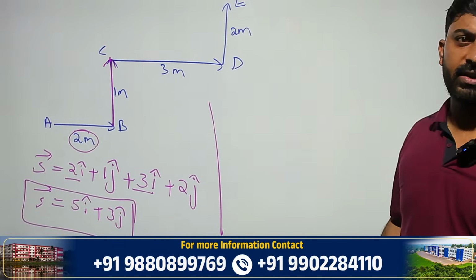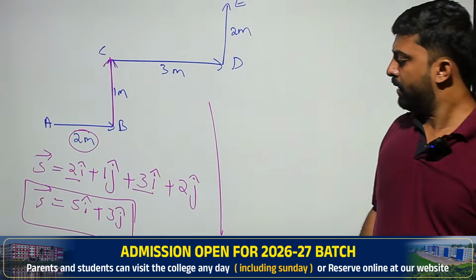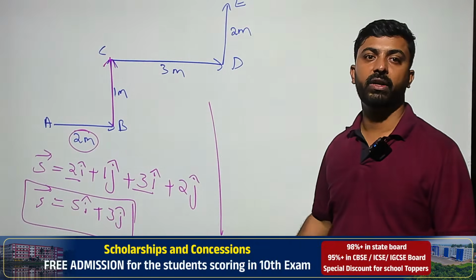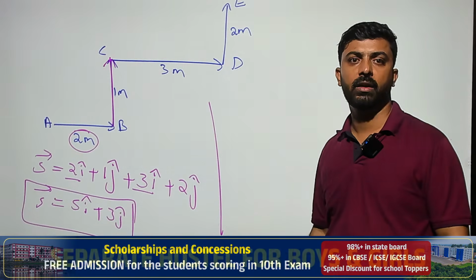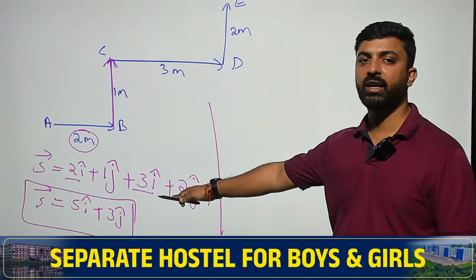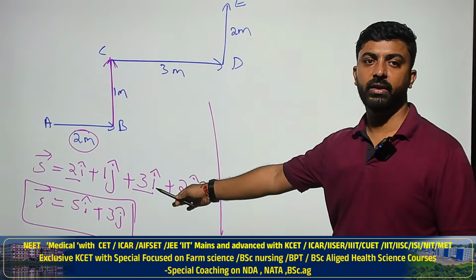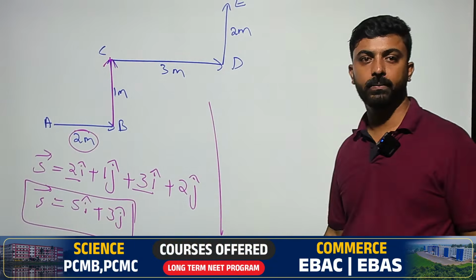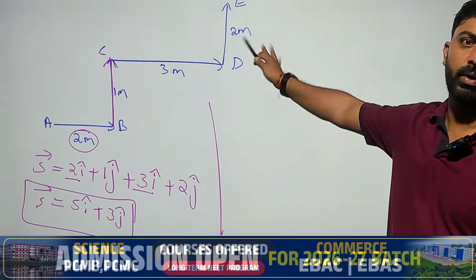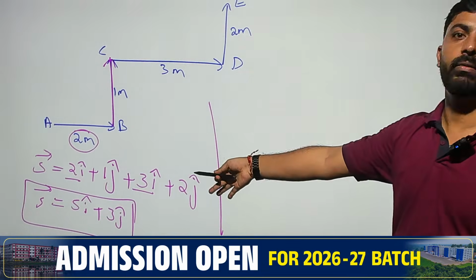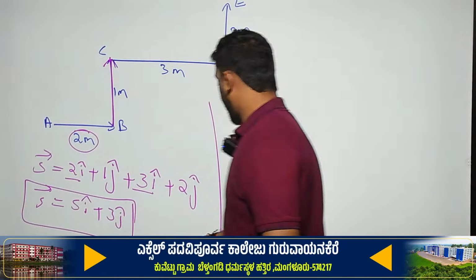If it is a vector, you may have to calculate the vector form also. Okay. And in physics, in most cases, after finding the vector form only, we can calculate the magnitude. For example, in this problem, after finding the vector form, then you can find the actual displacement.